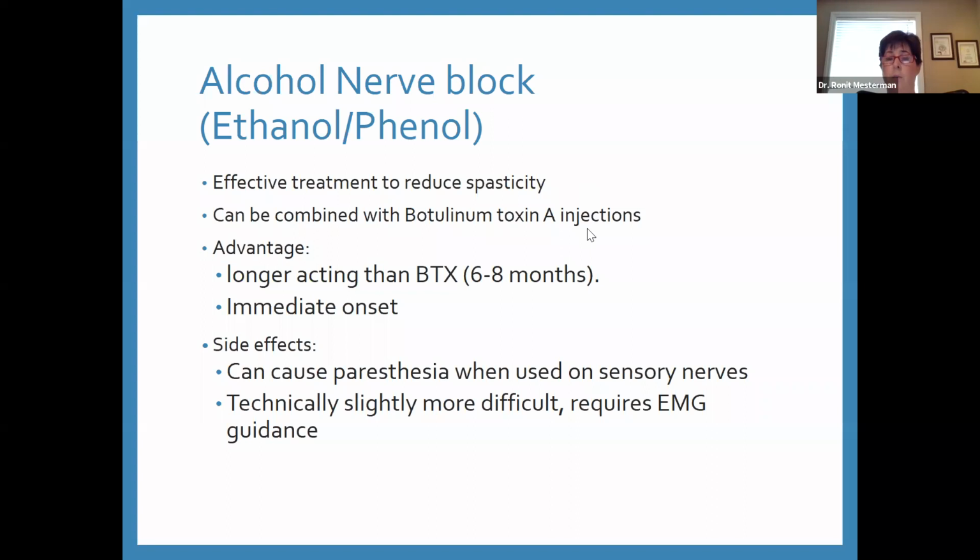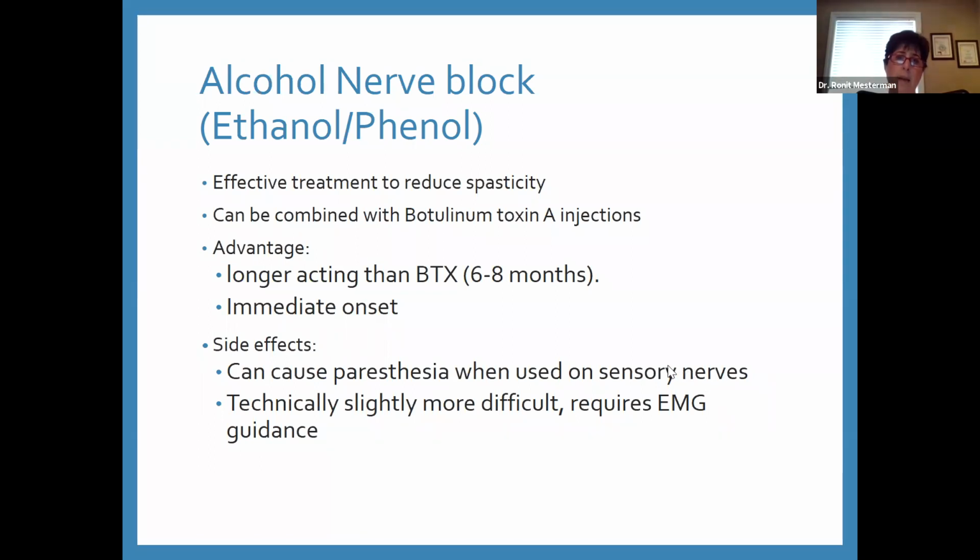Lessons learned from the times when ethanol or phenol nerve block was used is that the main reason why people stopped doing it is that it can cause paresthesias. And this is more so when we use it on nerves that carry sensory nerve fibers. And a lot of the nerves are mixed sensory and motor.